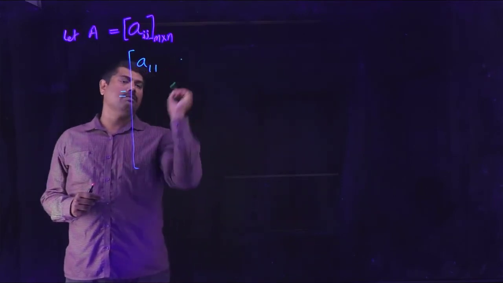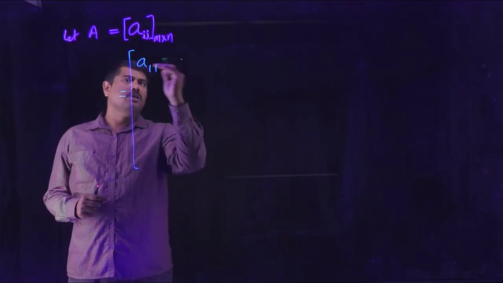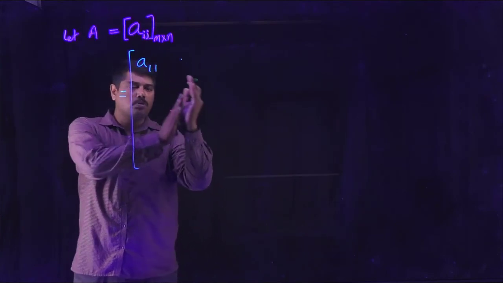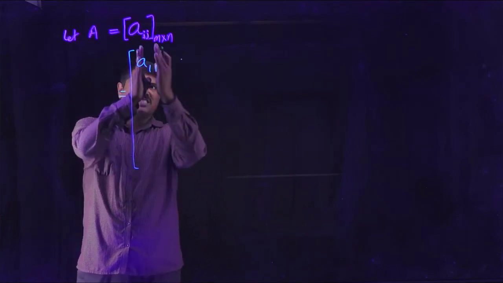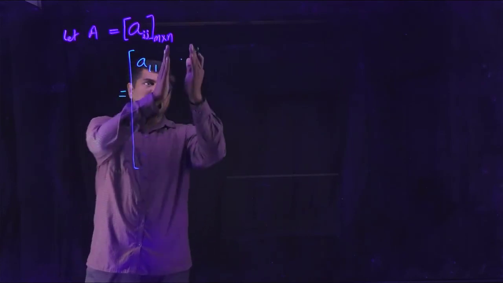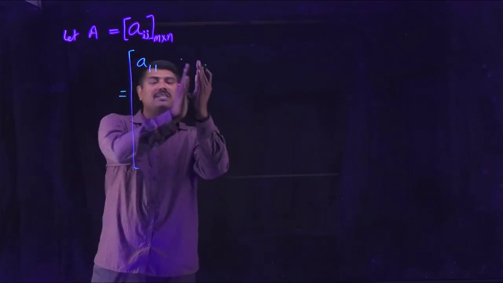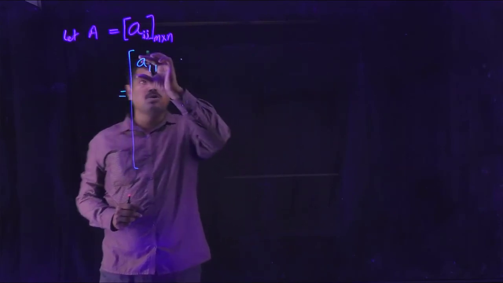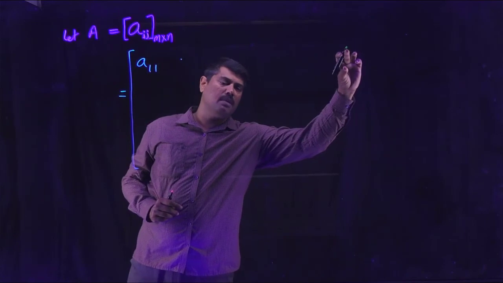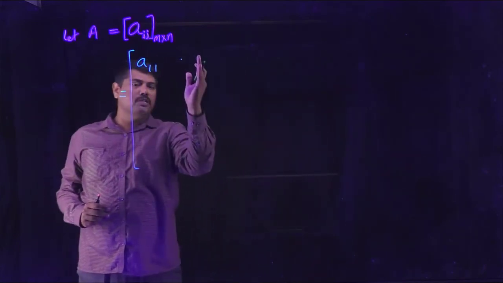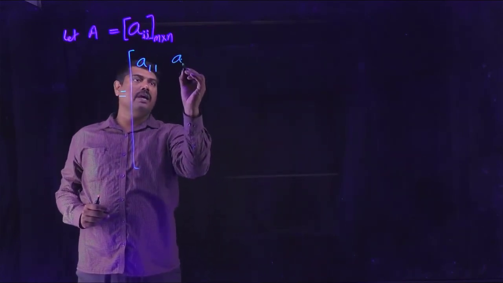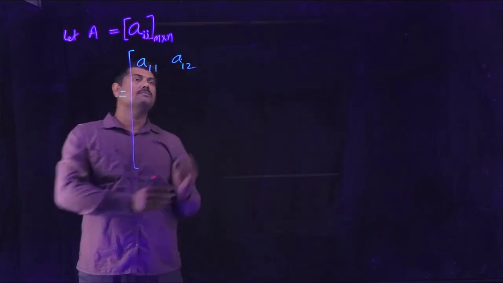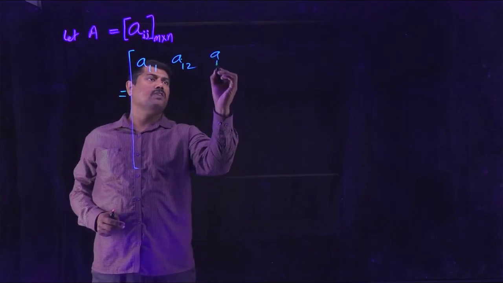If you stay in the first row and move to the next position, you come to the second column. The row number remains the same throughout this horizontal movement, so you change only the column number. That means the element is a12: first row, second column. Again, first row, third column.